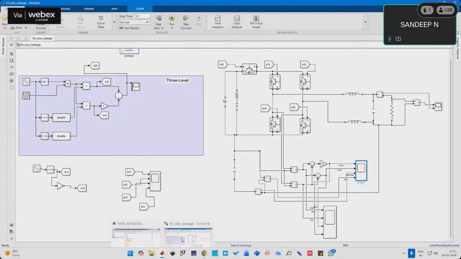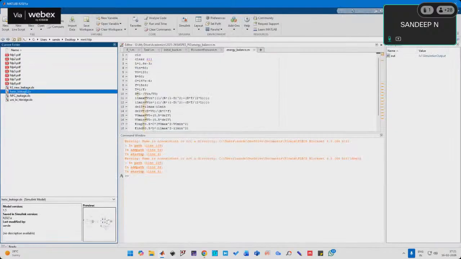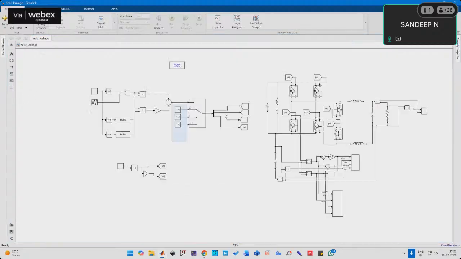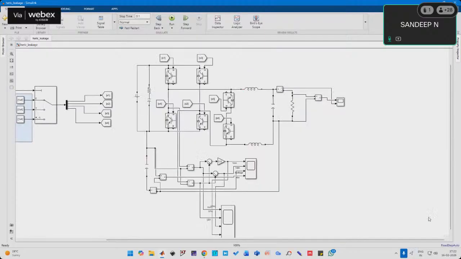Then we have H6, that is your Herrick. As we know, you have two switches on the AC side. So this is AC decoupling based. You have two switches, and we'll not get into the PWM details. Let us see whether it is giving a performance similar to H5 or not.